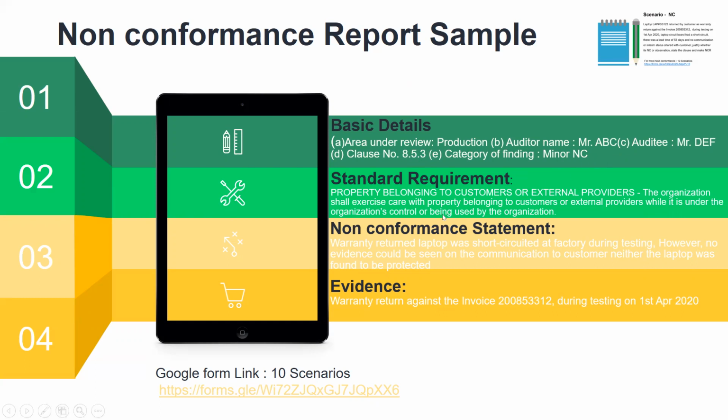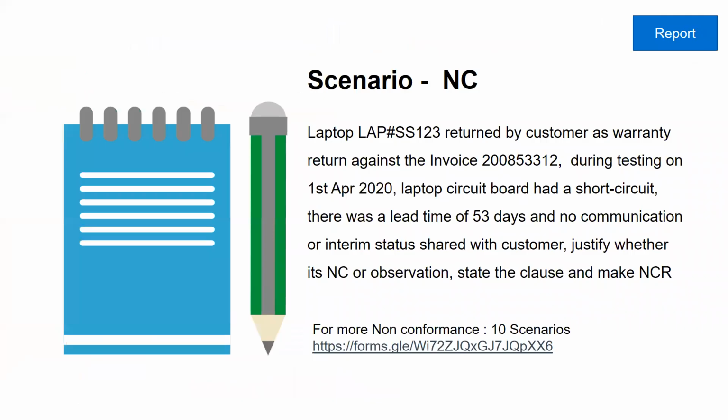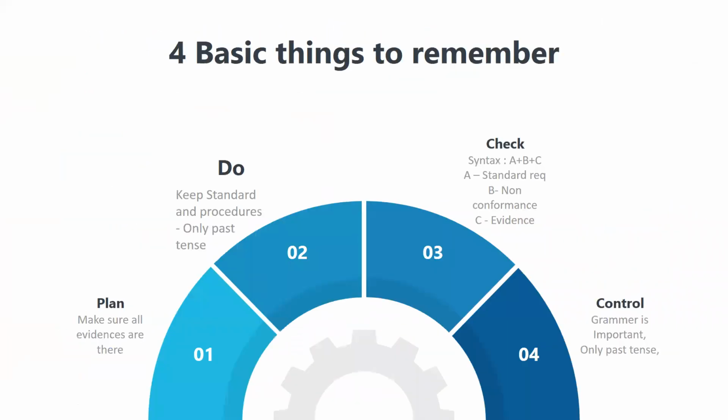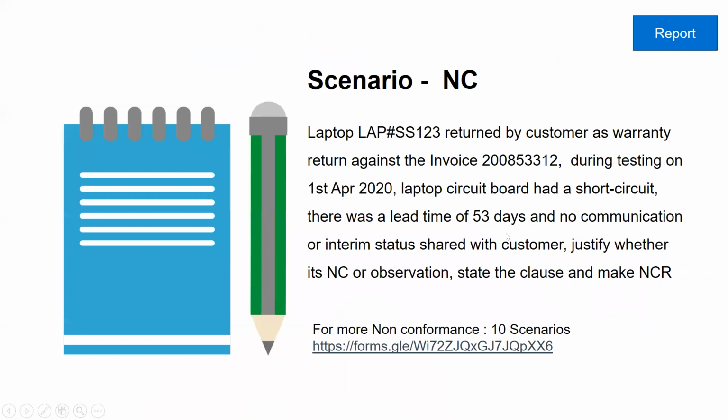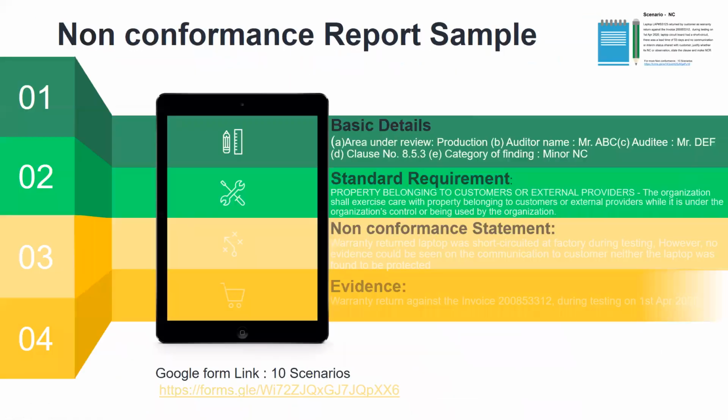As I said in my previous slide, remember the ABC format: the syntax is standard requirement, non-conformance and evidence. Exactly the same, you can put it down here. For the standard requirement, copy and paste the requirement exactly from the standard. For example, this is 8.5.3.